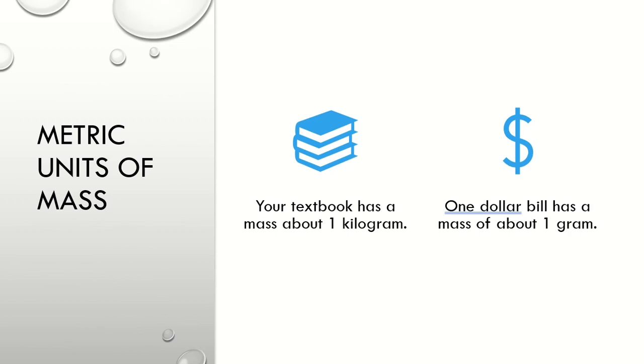Some examples of the metric unit are, your textbook has about 1 kilogram, and a dollar bill has a mass of about 1 gram. So it's pretty light. One gram is pretty light.